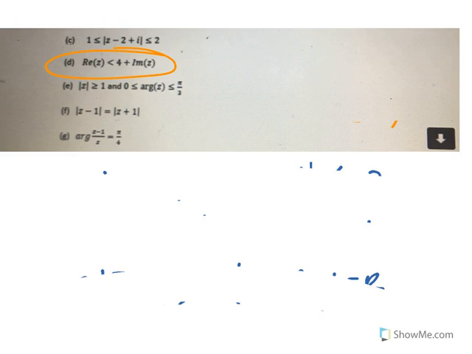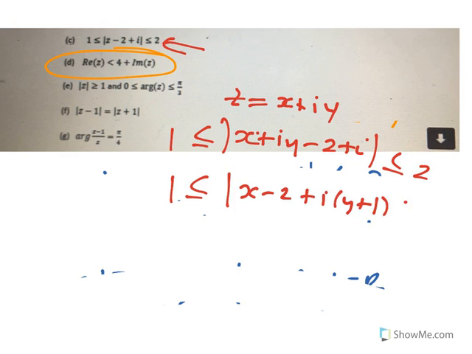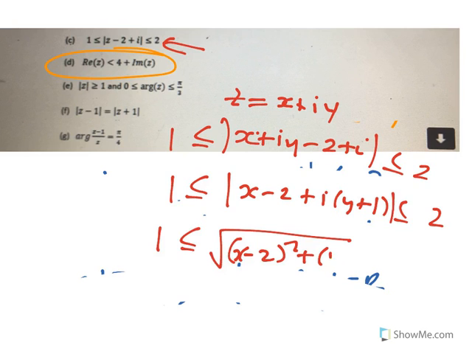You can also, with this one here, probably see that if z equals x plus iy, then that means that |x + iy − 2 + i| is in between 1 and 2. So that means |(x − 2) + i(y + 1)| is in between 1 and 2. So that means the square root of (x − 2)² + (y + 1)² is in between 1 and 2.